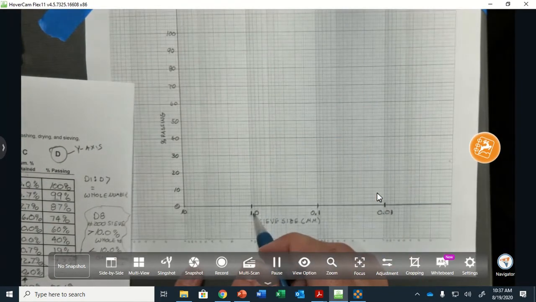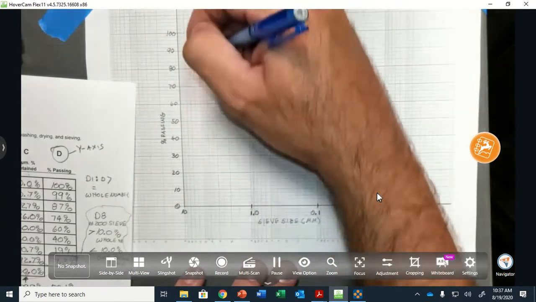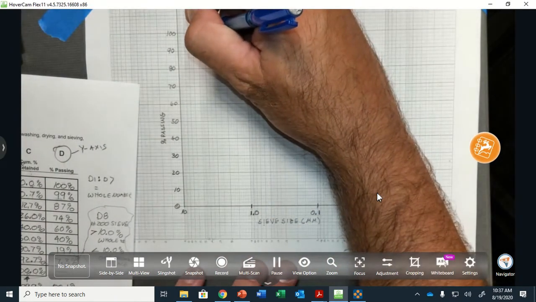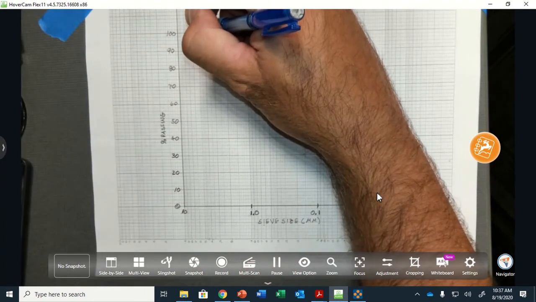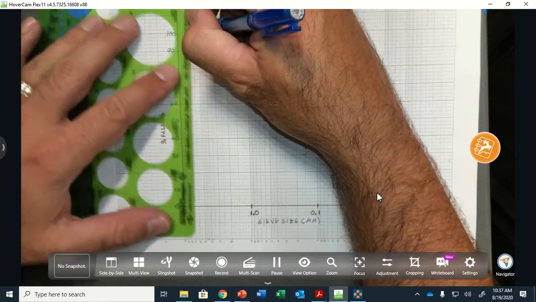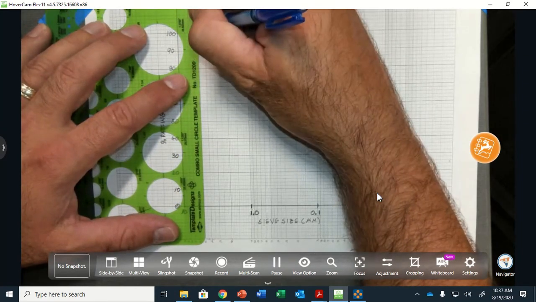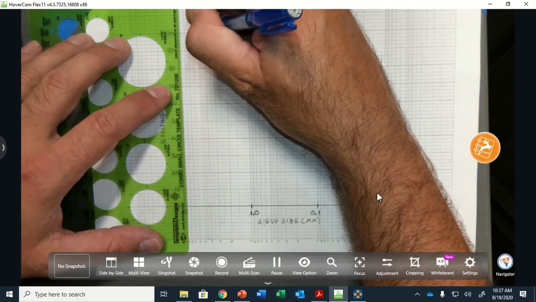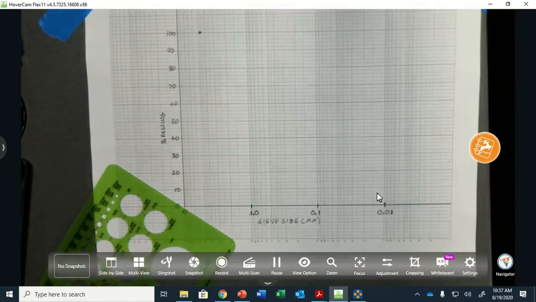All right. So first thing you're going to do, number 4 sieve is 4.75. So here's 1, 4, 4.5, 4.75, and that's 100% passing. So this is where you use your straight edge so you don't wander your line. In a sieve analysis plot, you only need your first data point that is 100% passing.